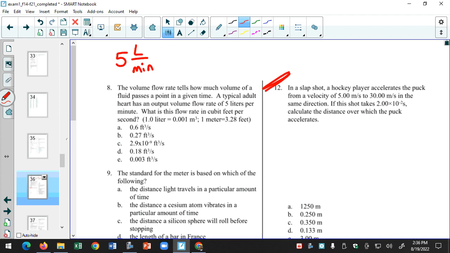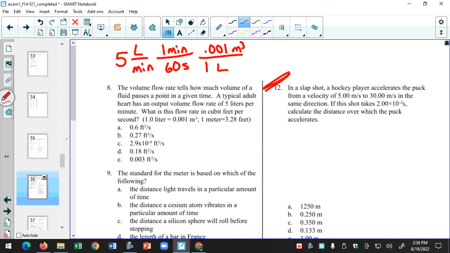Let's do minutes to seconds first. So I'm going to do 1 minute, and how many seconds are in a minute? 60. All right, there's 60 seconds. And then the hard part is converting the liters to cubic feet. So I know that 1 liter is 0.001 cubic meters.